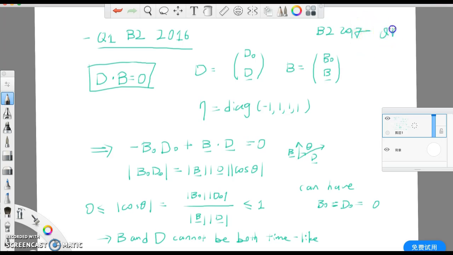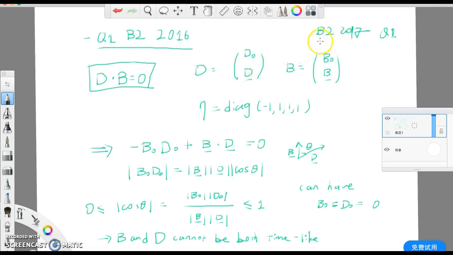Still the first question, which is quite similar to this one, and it asks something like, oh, I don't have the question paper at hand, but it asks something like, if one is space-like, the other is time-like. It gives this expression and wants us to show that if one is space-like, the other is time-like, but the correct thing to show is actually the other way around. If one is time-like, the other is space-like, and that order or direction does matter.